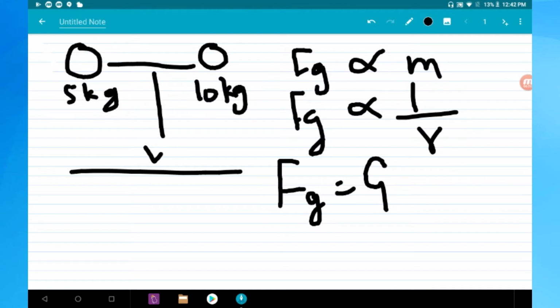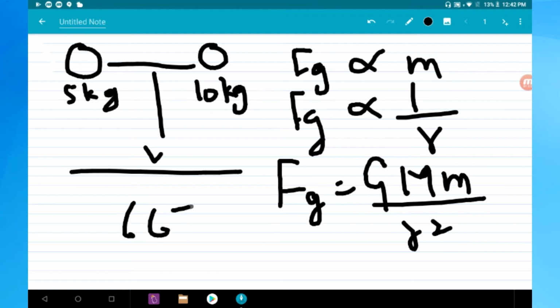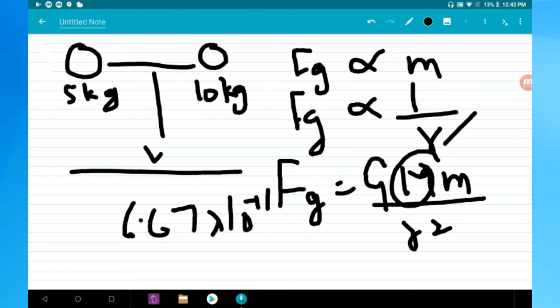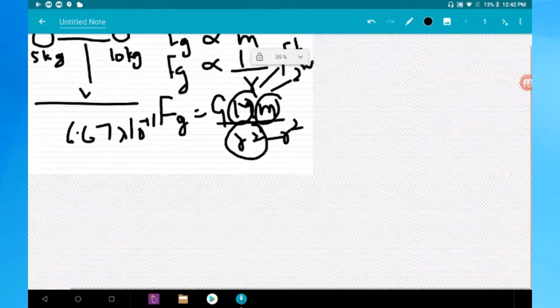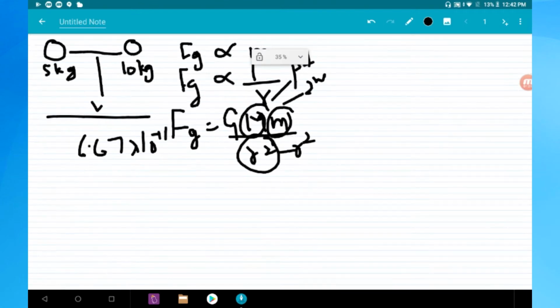G is the gravitational constant, which is 6.67 times 10 to the power negative 11. Let's keep that aside for a while. M, the capital M, is the mass of the first object, and the small m is the mass of the second object. This equation gives us the force between these two objects, which are at a distance r. Okay, now we understand the universal law of gravitation.